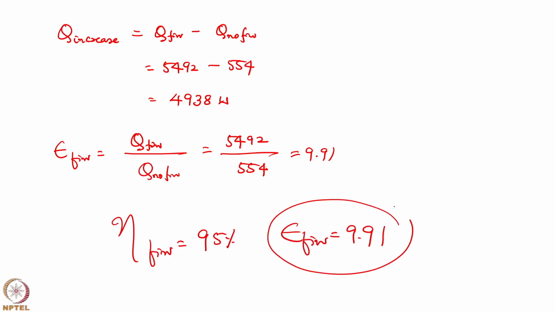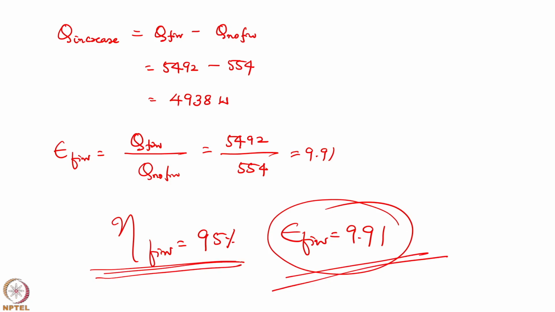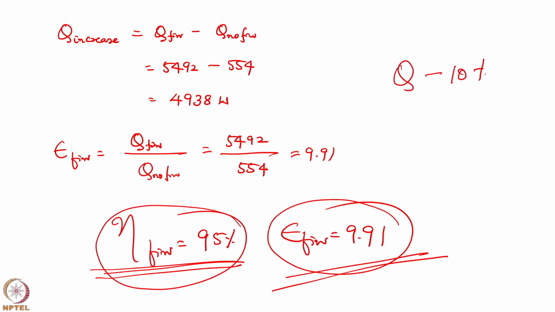So, compared to the no fin case, it is almost 10 times better, the heat transfer rate has increased 10 times, and for the efficiency of the fin, I have not used a very long fin which is ineffective, the efficiency of the fin is almost near about 100%. So, this increases the heat transfer by almost 10 times in my steam tubes. So, that is the advantage of putting the fins.